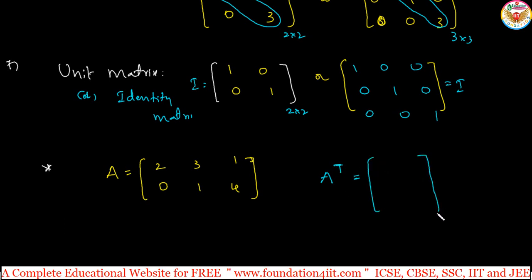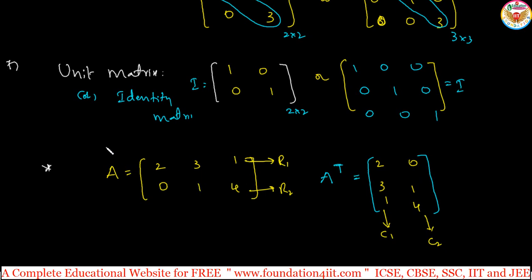It interchanges rows to columns. Now the first row, 2, 3, 1, you write as the first column. Next, the second row, 0, 1, 4, you write as the second column. So we interchange rows and columns.